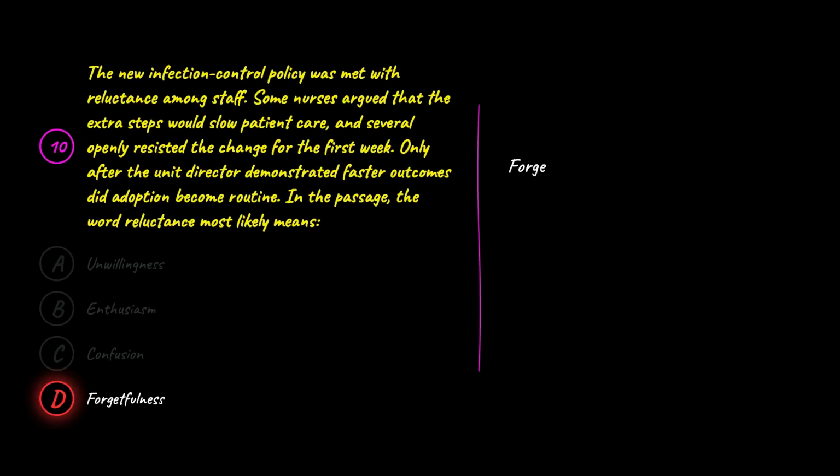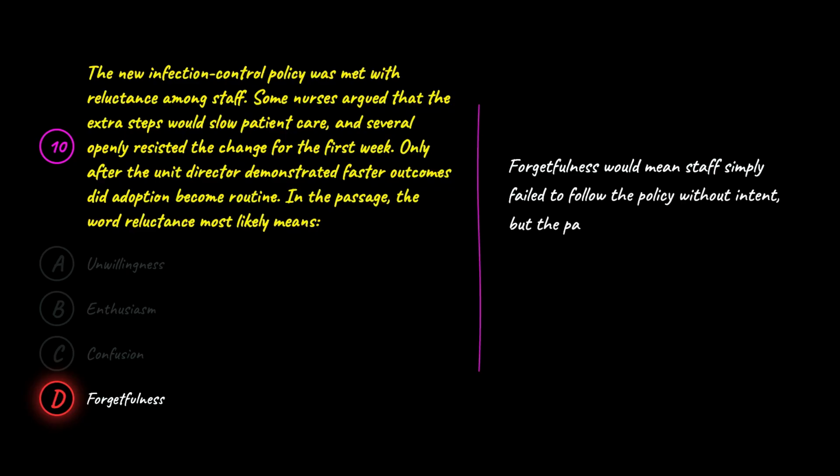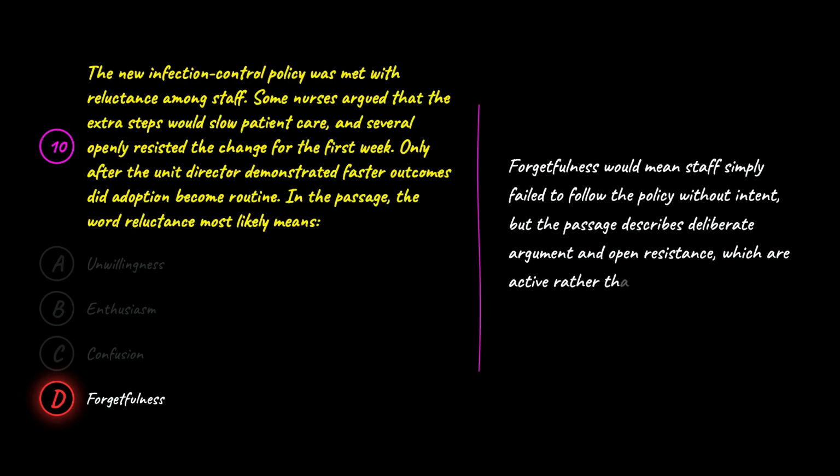D is wrong because forgetfulness would mean staff simply failed to follow the policy without intent, but the passage describes deliberate argument and open resistance, which are active rather than absent-minded responses to the change. When a passage uses an unfamiliar word, you rarely need a dictionary.